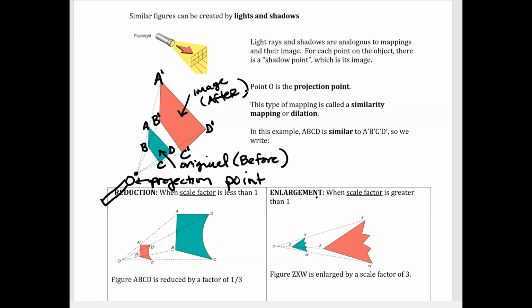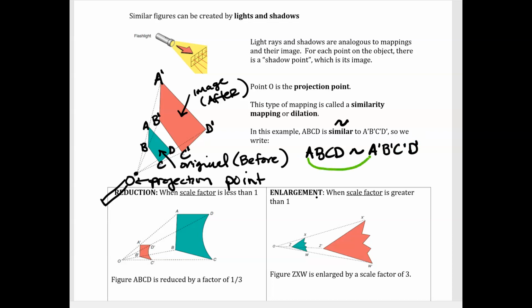And we can actually write a similarity statement with these two figures, and we can say that ABCD is similar to, and the symbol for similar is a squiggly line, A prime, B prime, C prime, and D prime. And just like with congruent statements, you can match up the letters with each other.